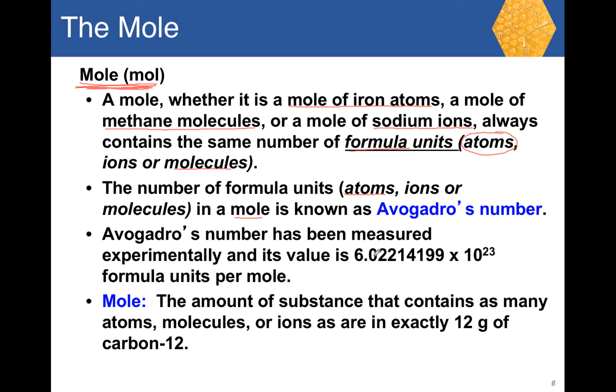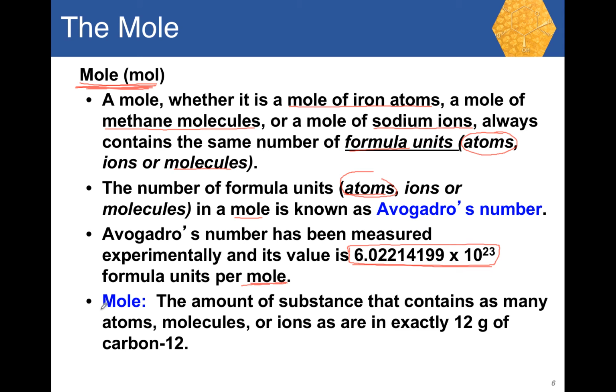Avogadro's number is right here: 6.02214199 times 10 to the 23rd, or 6.02 times 10 to the 23rd. So there are 6.02 times 10 to the 23rd units, could be atoms, in 1 mole of anything. Okay, so just think about that for a second. That becomes a conversion factor, which we'll use later on.